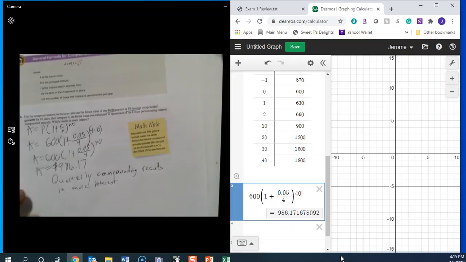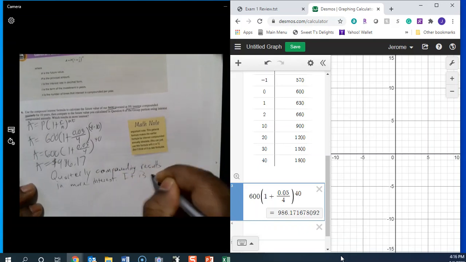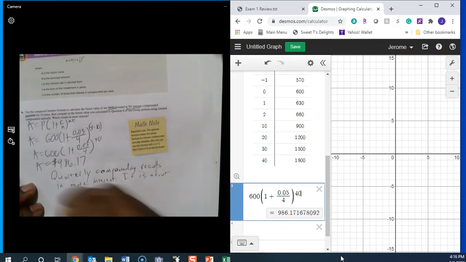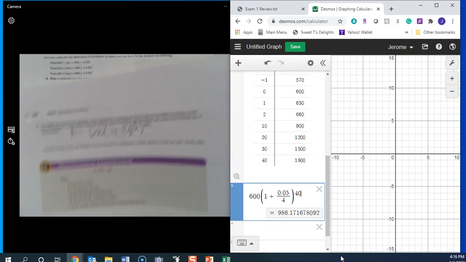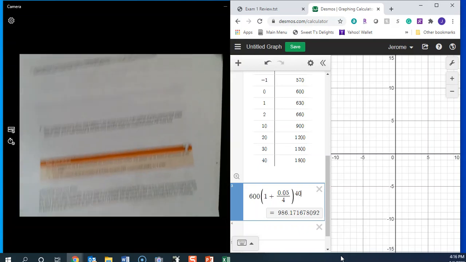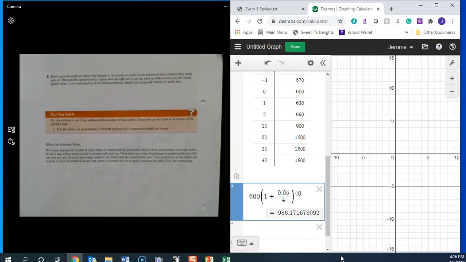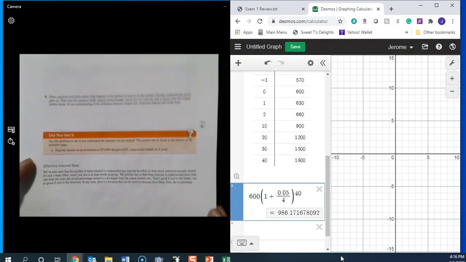And if you need to know how much more interest, it is about $8.83 more. So all you would do is just do some subtraction. So it's about $8.83 more. It's not enough to buy more than what? You couldn't buy 2 hot and readies with that, but hey, a buck is a buck.